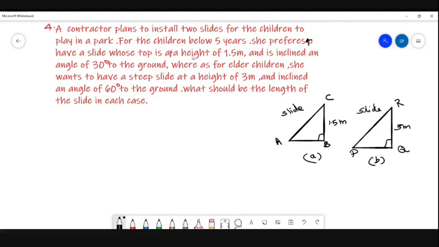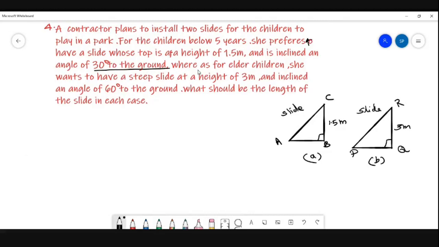So here, one more condition is that in the first figure, that is for the younger children, she prefers to have a slide whose top is at a height of 1.5 meter and is inclined at an angle of 30 degree to the ground. That is, here it makes an angle 30 degree to the ground.